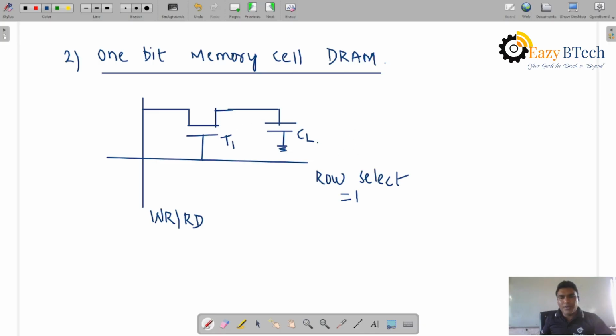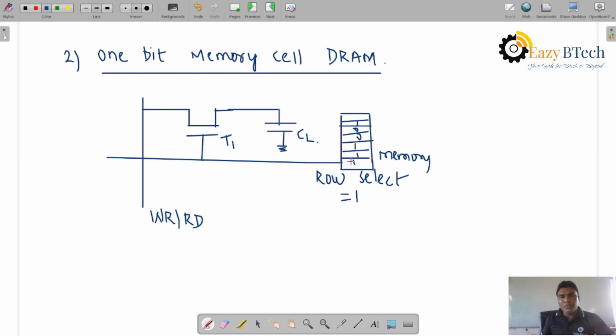For example, if you take a memory location and select one particular row, here it is stored like 1100. It is a memory device.